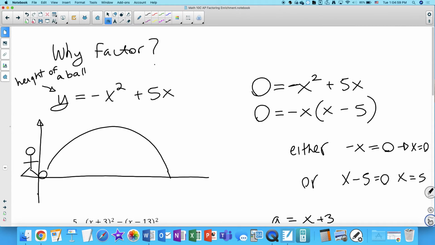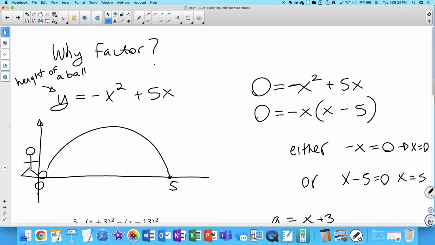So what do those two points represent? x is 0 here, so the ball is on the ground at the start. Height is also 0 here. If we're measuring time in seconds, we can say it takes 5 seconds for the ball to land on the ground.